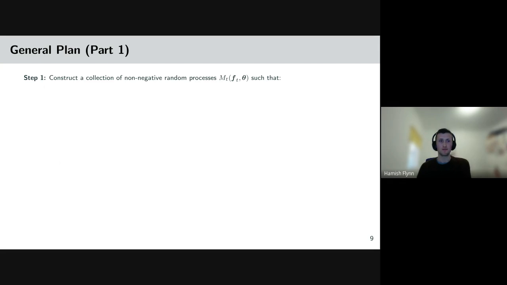So the general plan for our confidence set construction is as follows. So the first thing we do is we construct a collection of non-negative random processes, mt of ft and theta. And by collection, I mean that for each sequence of predictions ft and each candidate parameter theta, mt of ft and theta is some sequence of random variables. And for a fixed ft and theta, the randomness of mt comes from the random actions and rewards.